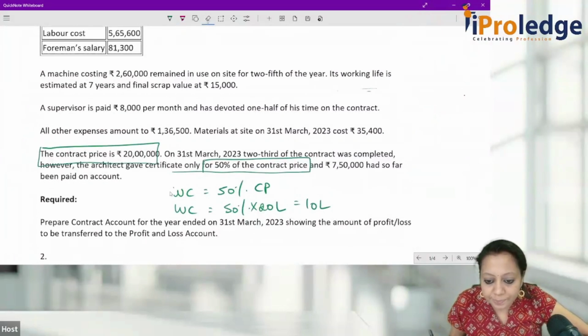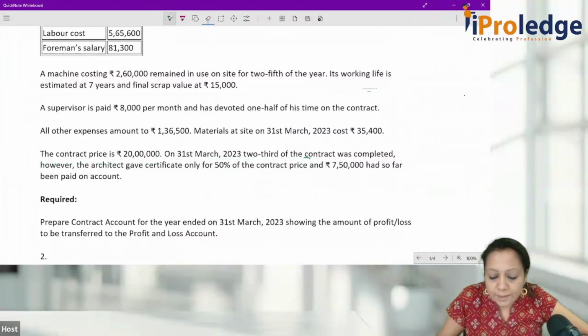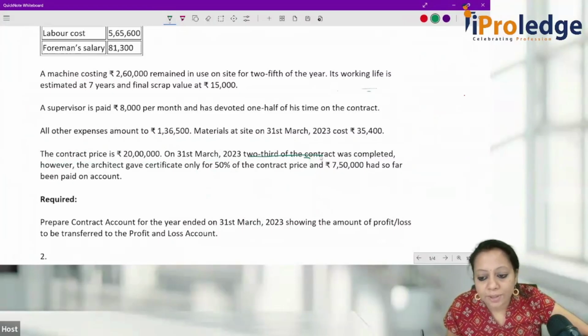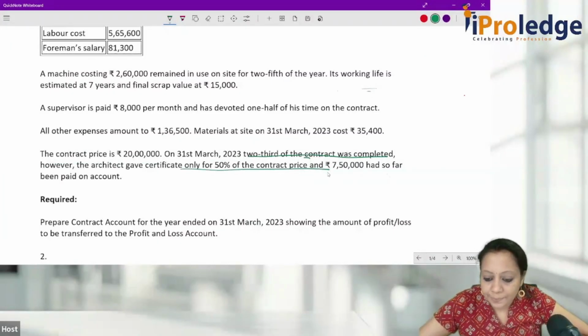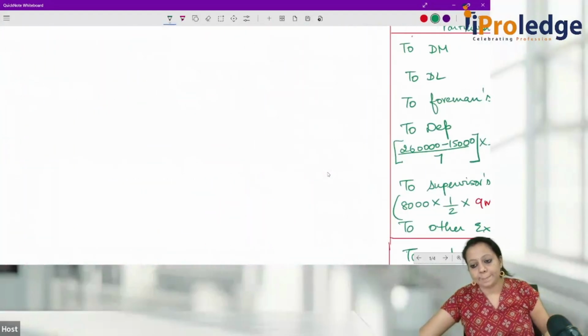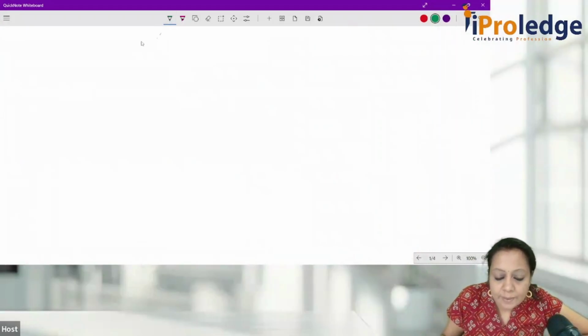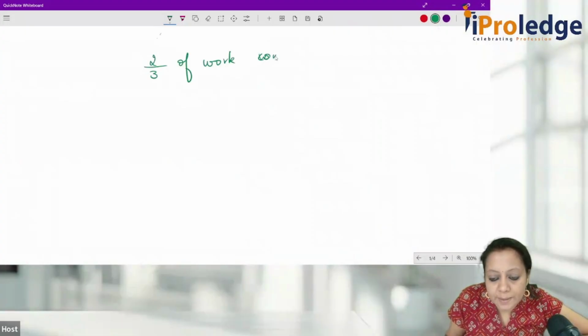Now they have said two-thirds of the contract was completed. However, the architect gave a certificate only for 50%. Two-thirds of work was completed is given in the question.